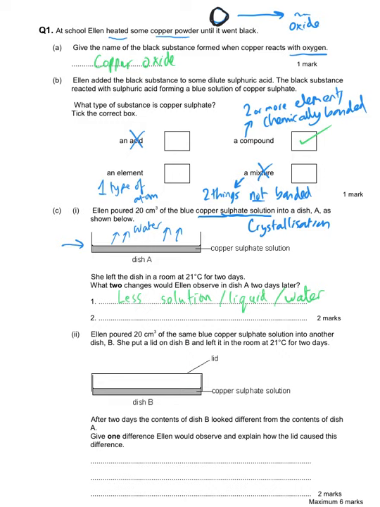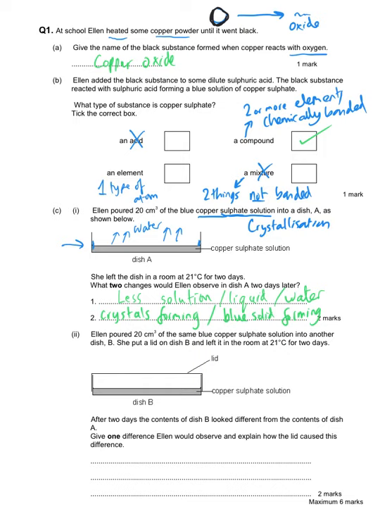And then the second change is that around the edge of the container you'll start to get solid crystals of copper sulfate, and if enough of that water goes, or maybe all the water goes, you'll see it being totally full of crystals. So the observation, what will she observe? She will observe crystals forming, and that is solid copper sulfate.